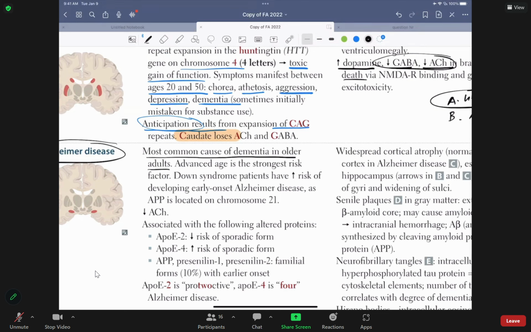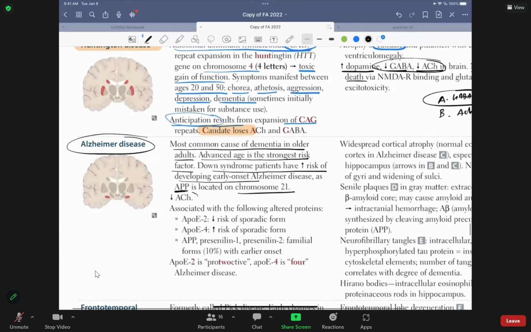That's the dementia, right? Advanced age is the strongest risk factor. Down syndrome patients have an increased risk of developing this early. Down syndrome people develop Alzheimer's early because the APP gene is located on chromosome 21, and Down syndrome people also have an affected chromosome 21. Isn't it, folks? All right.